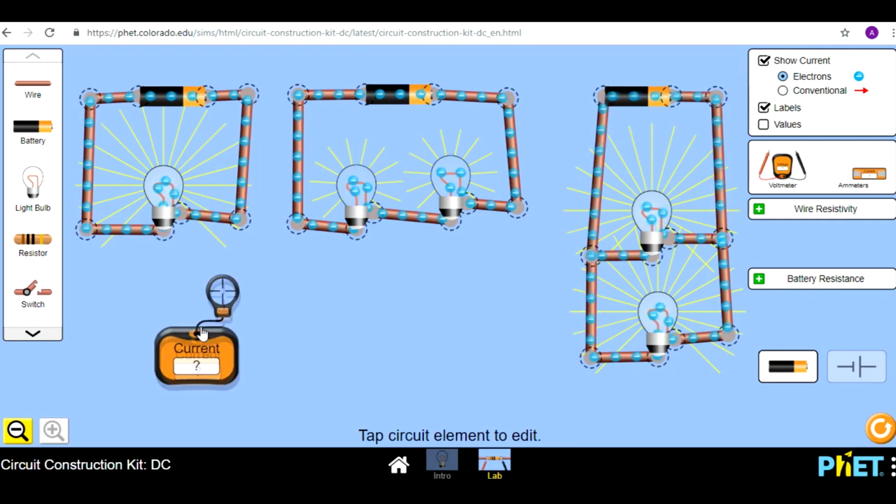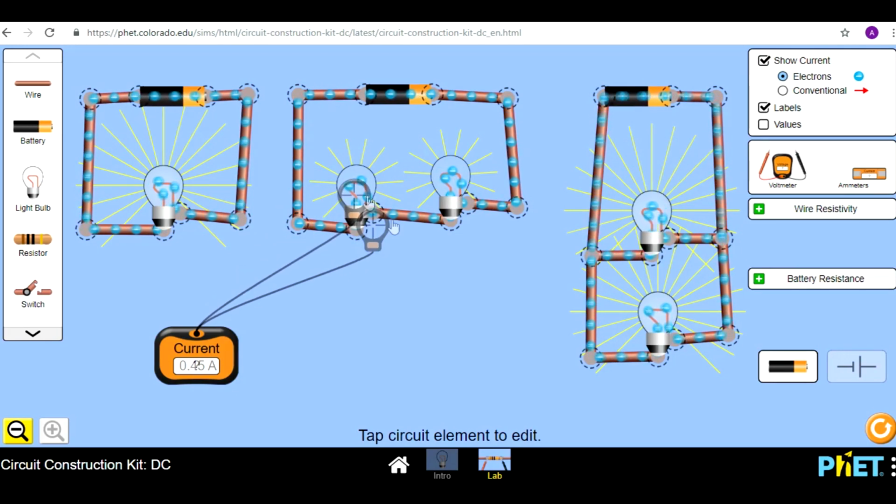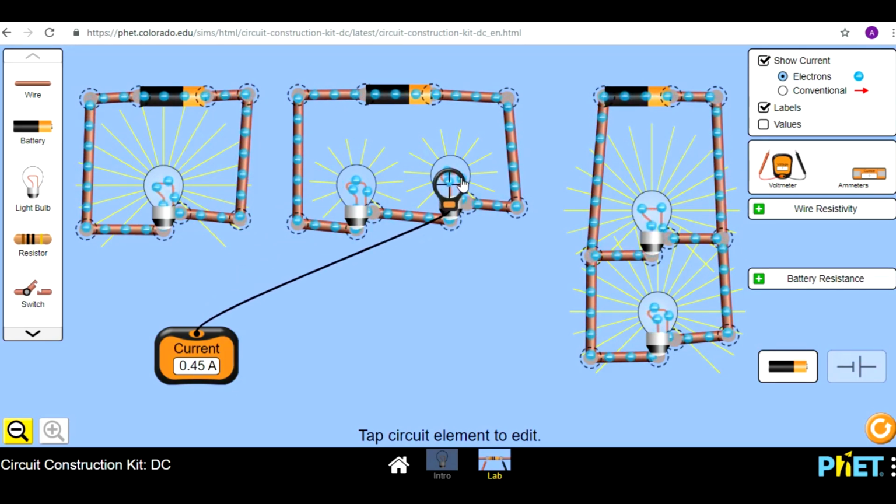Anyway, now we've got this circuit. So bear in mind the current over here was 0.9 amps. Here you've got the same cell, and instead of 1 bulb, we've got 2 bulbs, okay? And you can visually see that the current is a little bit slower. It's 0.45, and 0.45 all the way through.